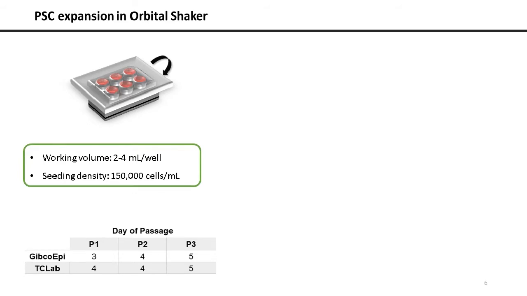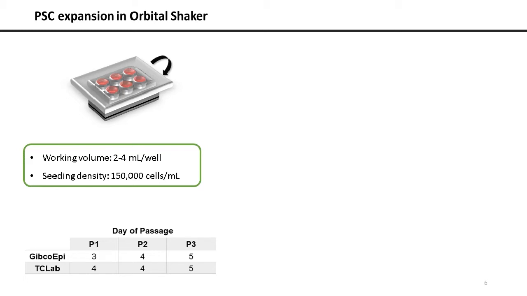So to start, we used the orbital shaker. The culture plates in the shaker had working volumes between 2 and 4 mL per well, and we used a seeding density of 150 cells per mL. To do this testing, we seeded the cells as a single cell suspension.